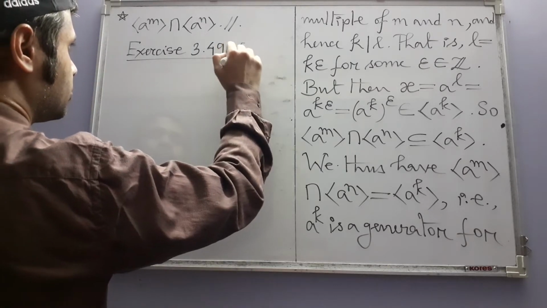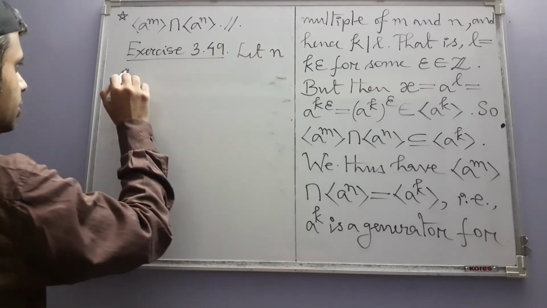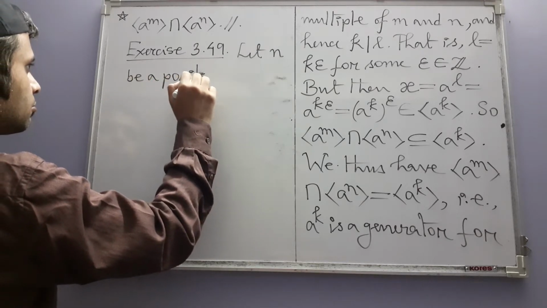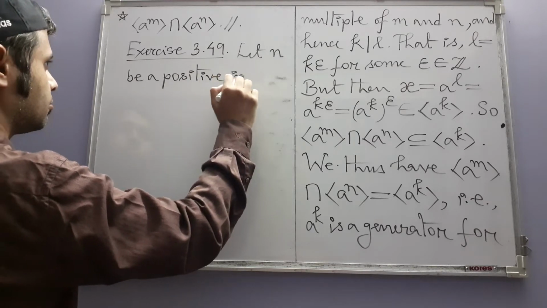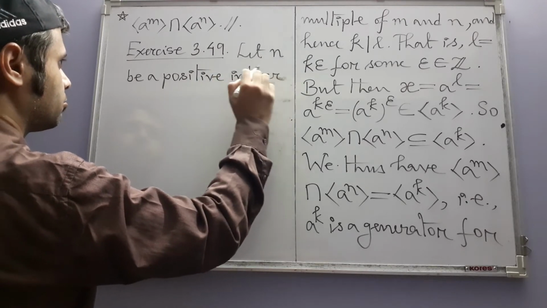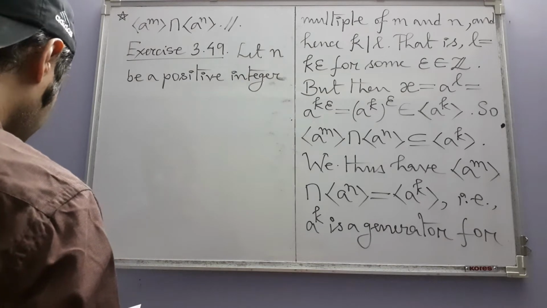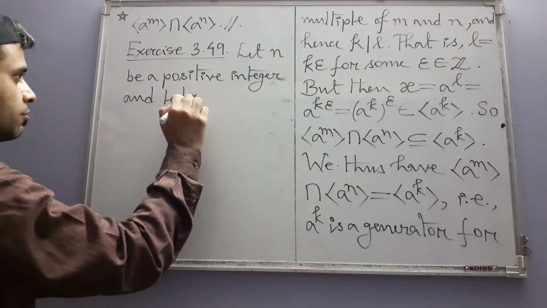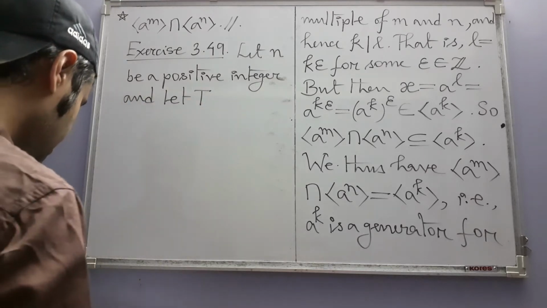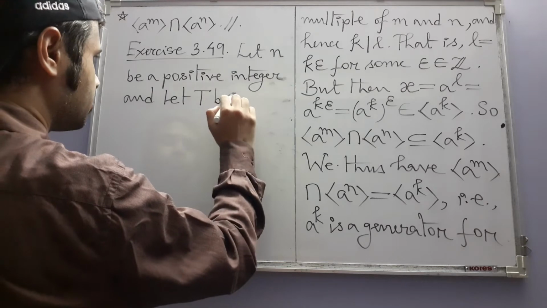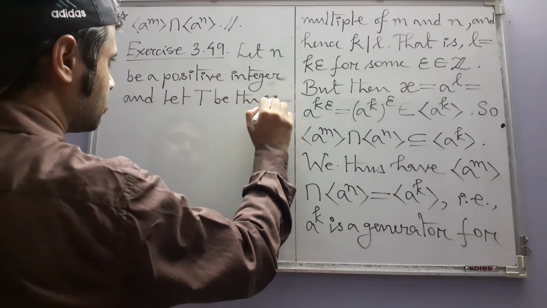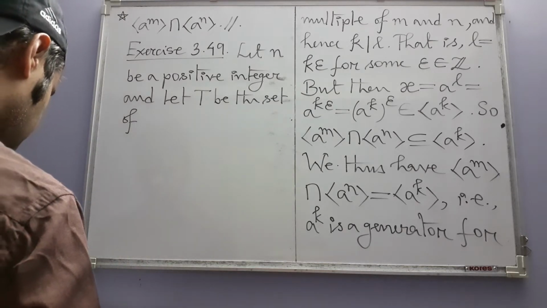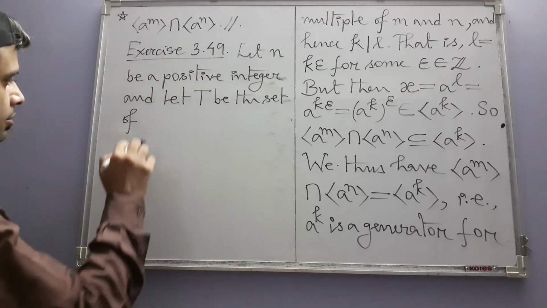Let n be a positive integer, and let capital T be the set of positive integers that divide n.